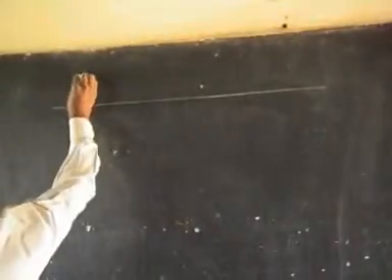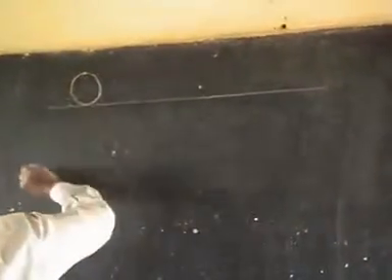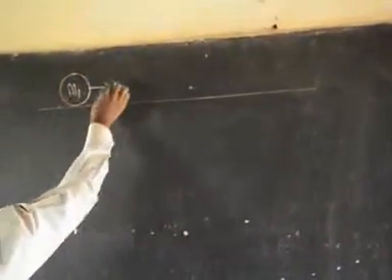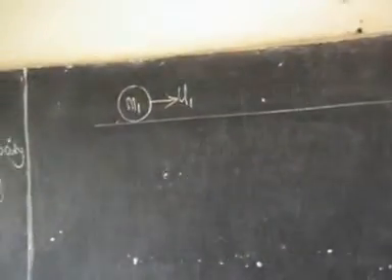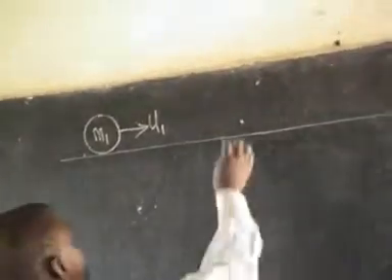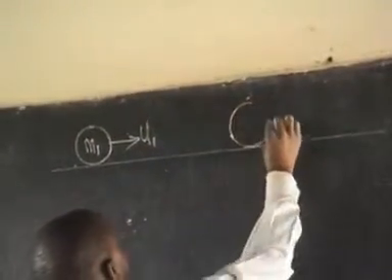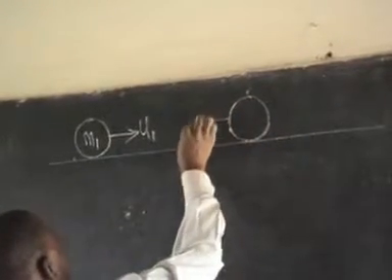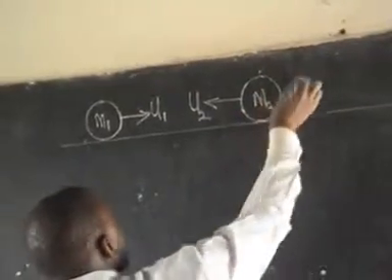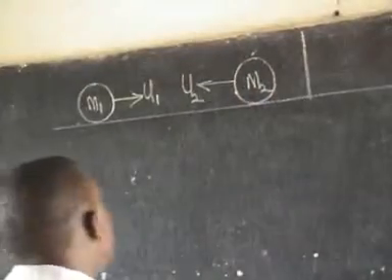So we are going to just use spheres to represent our system of colliding bodies. So if this is of mass m1 moving to the right, it collides with a body of mass m2 moving to the left. So you have to understand the question, otherwise if you fail to interpret it, chances of you getting it wrong are high.